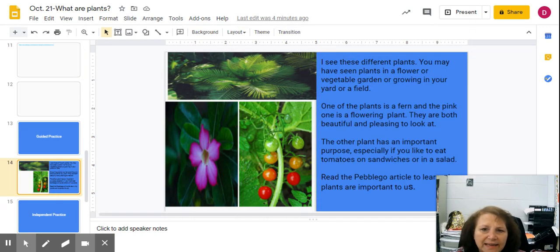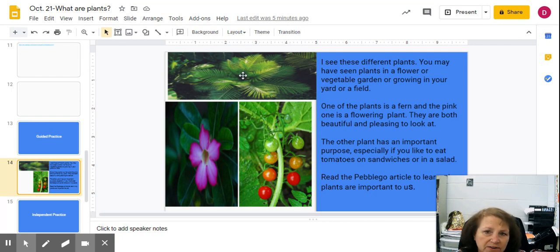Okay, as we look at these plants together, I see these different plants. You may have seen plants in a flower or vegetable garden, or growing in your yard, or in a field as you're riding the bus home, or riding home with the adult who picks you up. One of the plants is a fern, and it's the one on the top.